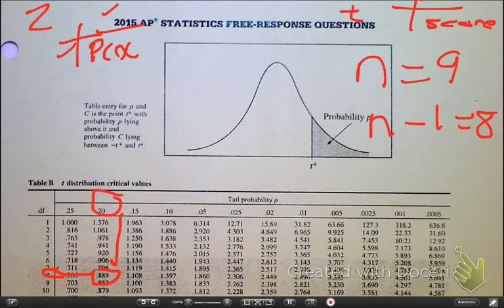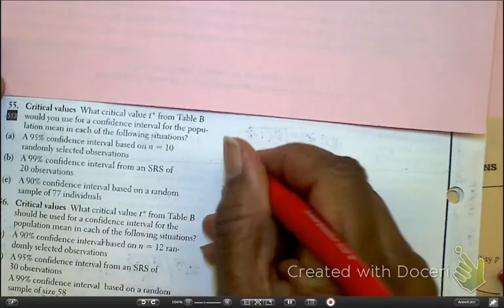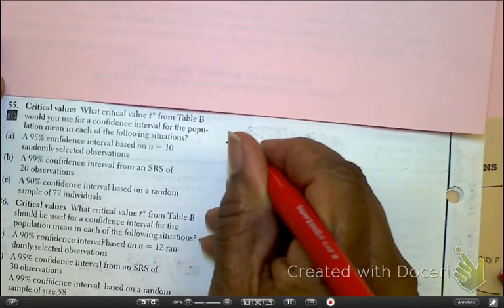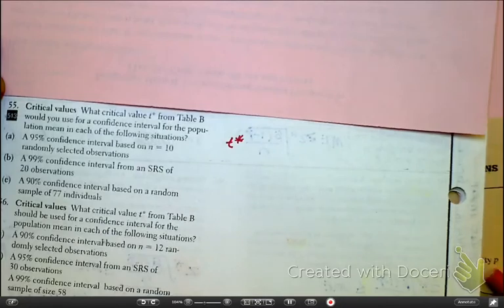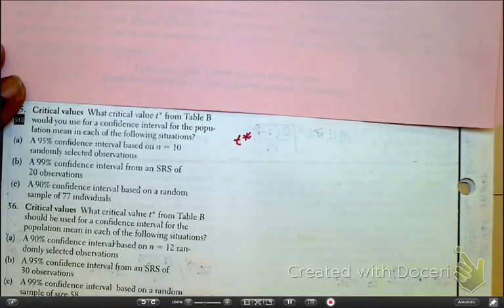Okay, now let's look at another example as I take this chart off. I want to slide down to 55, and as I slide down to 55, I am looking for my T star. Before, Z star was referred to as the critical value, and now that it's T star, it's the same thing.